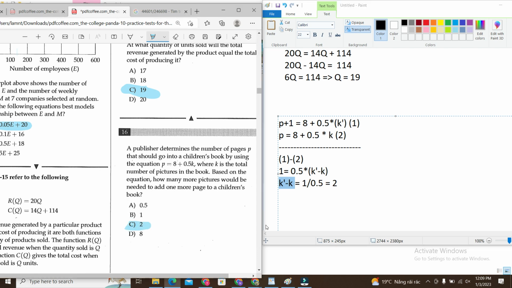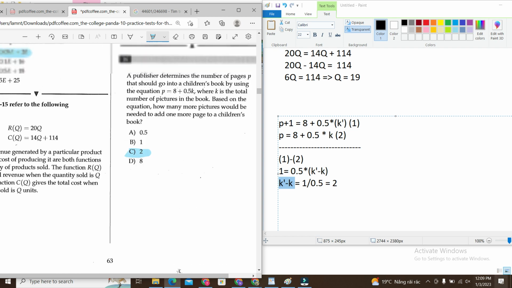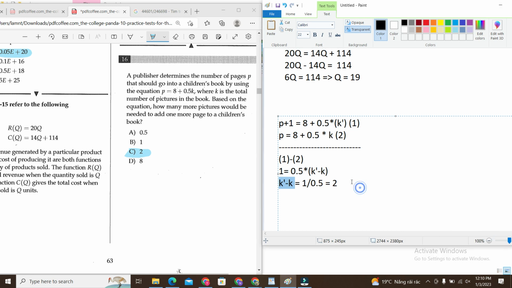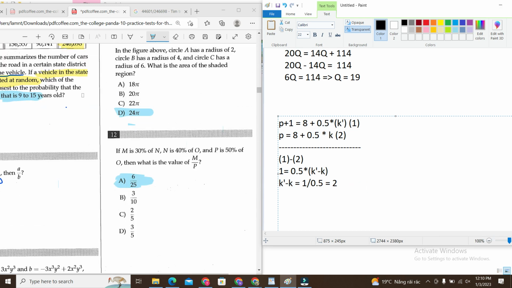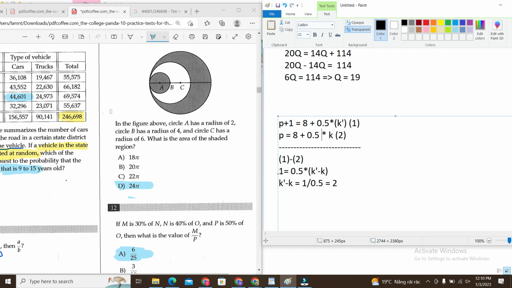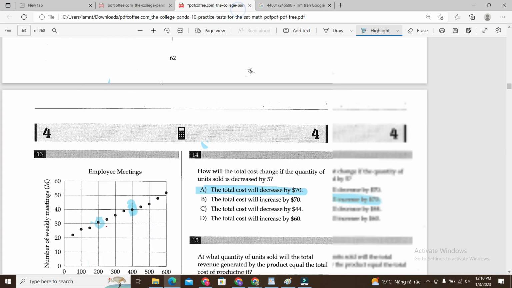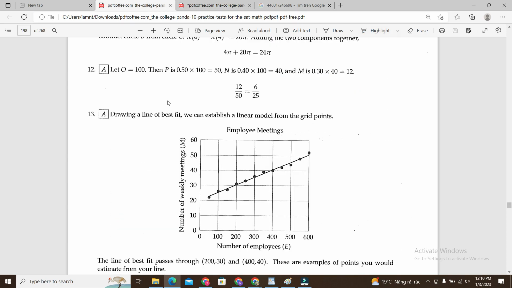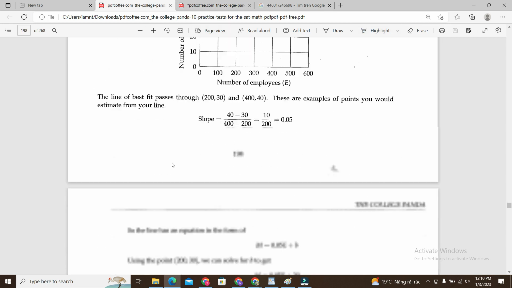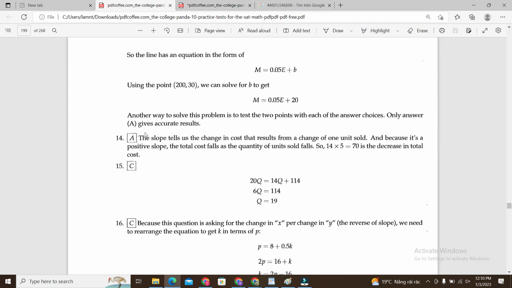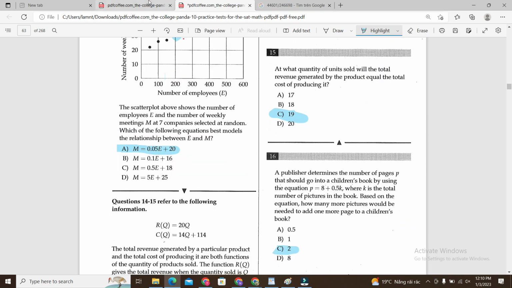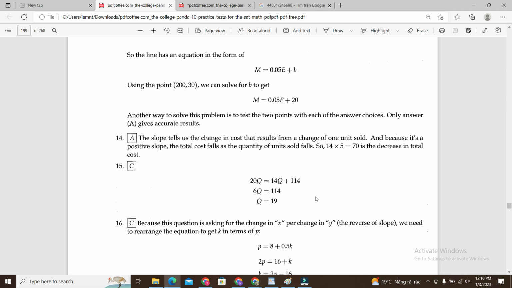Okay, so let's check it out. 13, 14, and 15, right? 13 is A, which is correct. 14 is A again, so it's 70, right? 15 is C, 19, because we solved the equation.